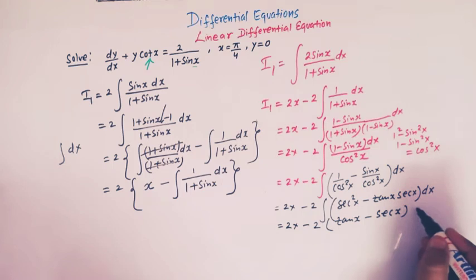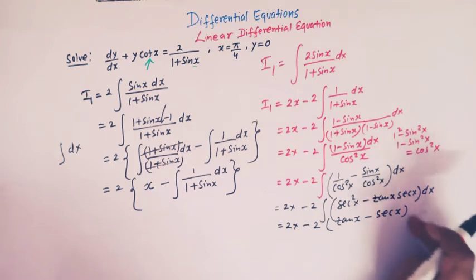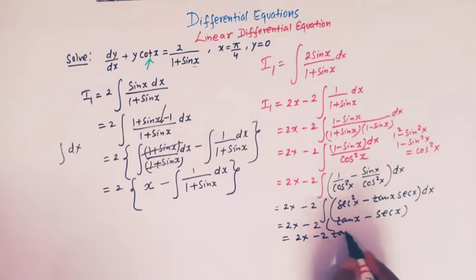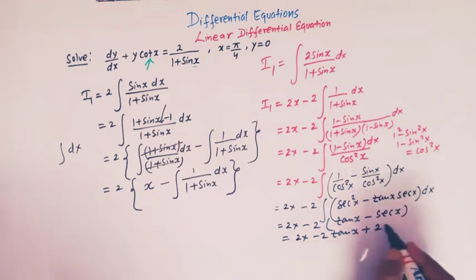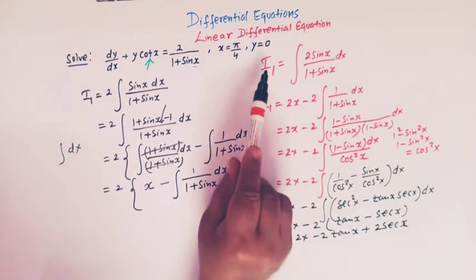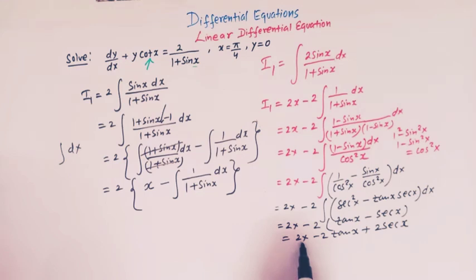And here we have the constant of integration, which is written in the beginning, right? So now we have 2x minus 2 tan x, and then plus 2 secant x, right? So viewers, the integral I1 is now given by 2x minus 2 tan x plus 2 secant x.